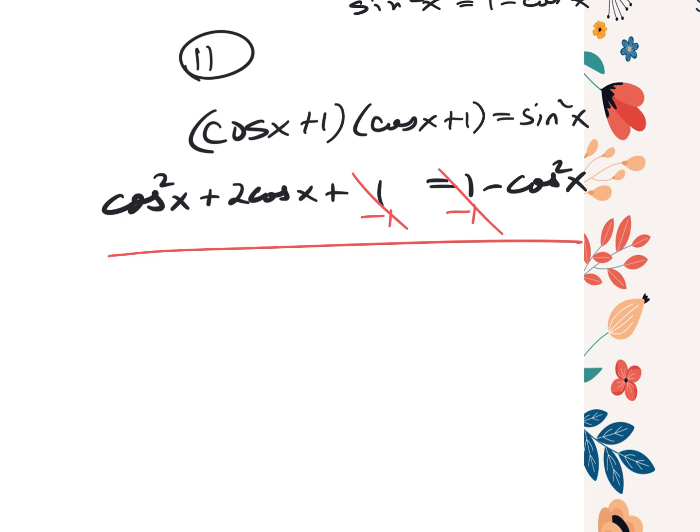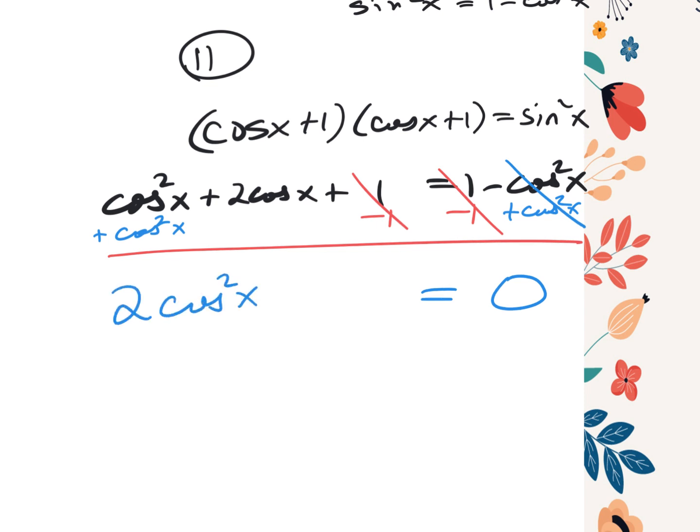Then I'm also going to add cosine squared x. It cancels from this side, so now this side's left with 0. And then this becomes 2 cosine squared x plus 2 cosine x.